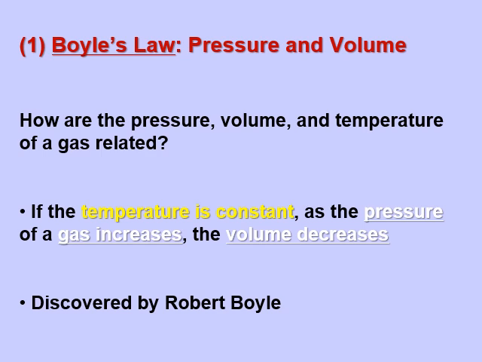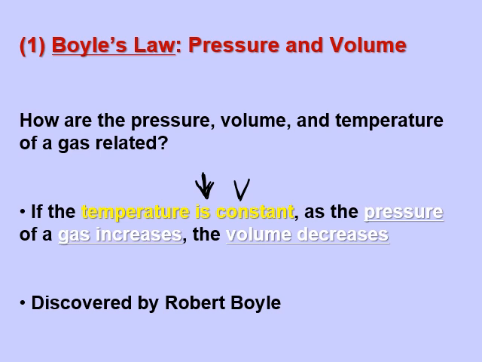So the first of these gas laws that we're going to talk about is Boyle's law, and Boyle's law is relating pressure and volume. Now, as we should recall, pressure and volume are inversely or indirectly related, which means as one increases, the other decreases. So as pressure increases, volume decreases, and this is of course assumed that temperature is constant.